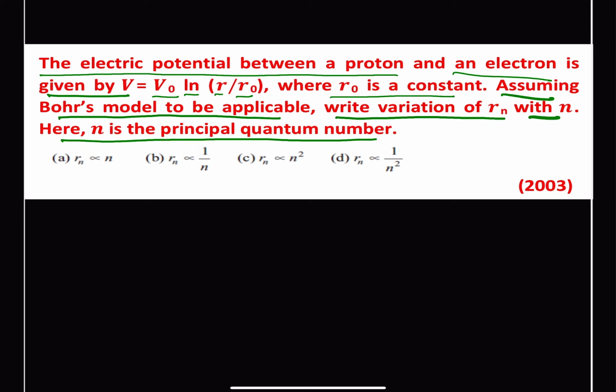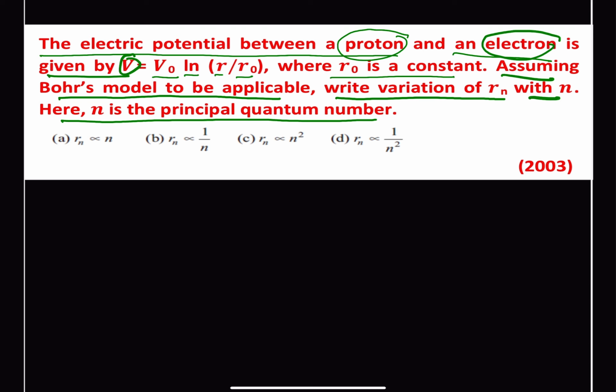So we are given the potential relationship between the proton and electron, and from the potential we are going to find out the force, and this force is going to provide the centripetal force, and from there we can sort it out.